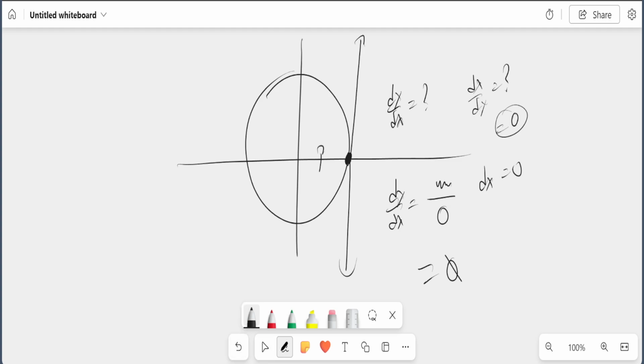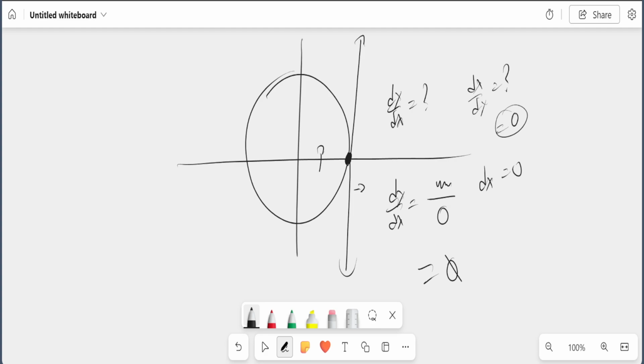So that's why that's 0. But if our x changes, it doesn't mean anything for x to change anymore because y is just on this line and it's changing infinitely in all directions. It's meaningless, right? So that's why it's undefined.